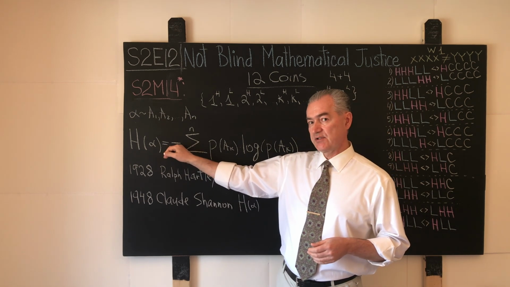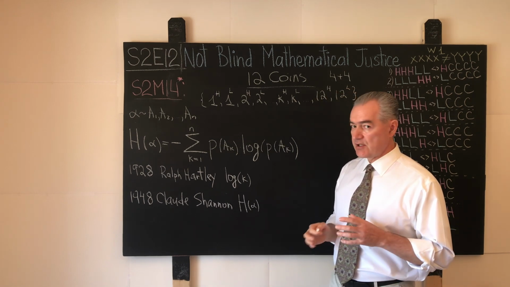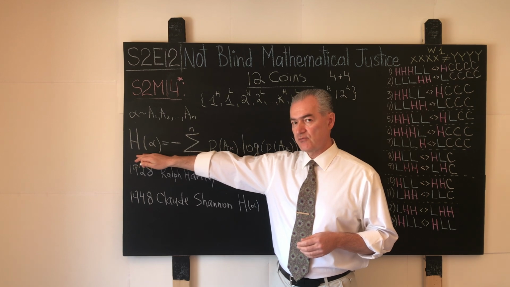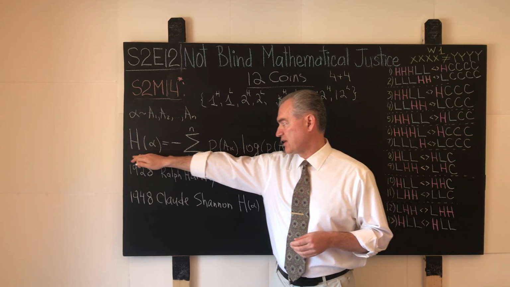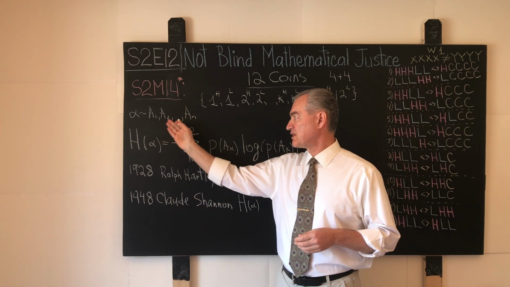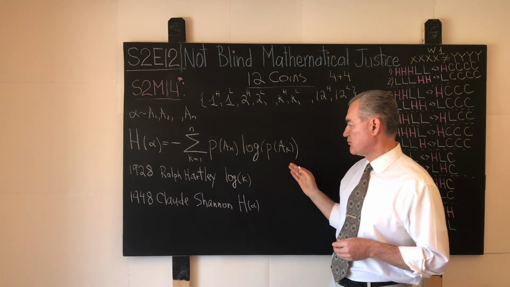We compensate for it with the negative sign over here, and it turns out that in some situations this average level of uncertainty about the outcome of a specific experiment, where several outcomes are possible, is captured precisely by this formula.